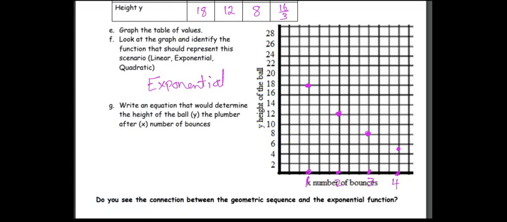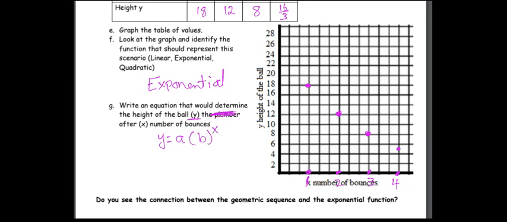Now it says write an equation that would determine the height of the ball, y, after x number of bounces. So now all we need to do is to think about the exponential equation that goes with this graph. We know that exponential equations have the formula y equals a times b to the x.